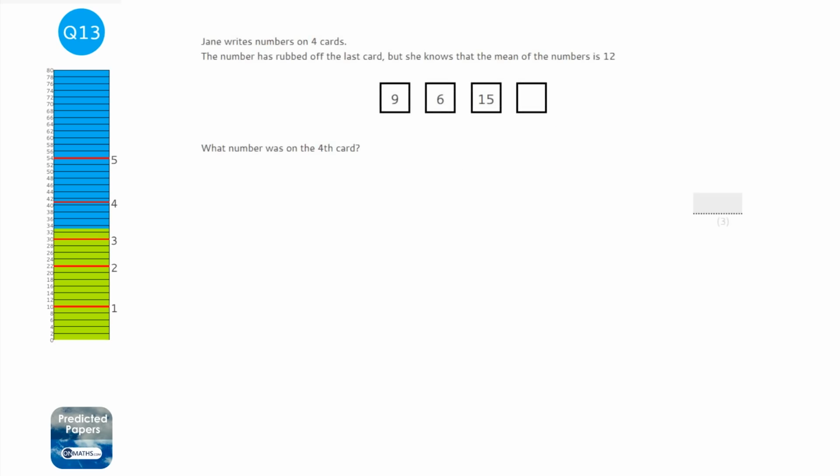Okay, so for this question, we've basically got the mean of the numbers. We know what 3 of them are, but we don't know what the 4th one is because the numbers rubbed off. Okay, so first thing for this question is think about how you would work out the mean. You'd work out the mean by adding these numbers together and then dividing by the amount of numbers we've got, which is 4.